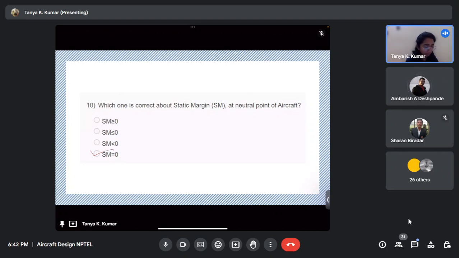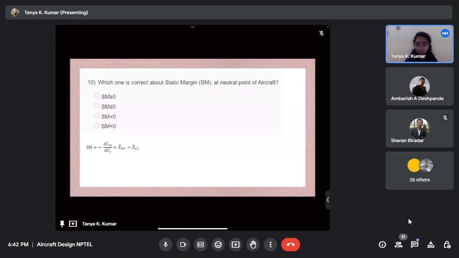So static margin, I've just written down the equation for static margin here. It is the negative of the slope of CM versus CL. And you are right, it is the difference between the neutral point and CG. So for a stable aircraft, what would this quantity be? Positive, zero, negative? Static margin for a stable aircraft, typically what would it be?